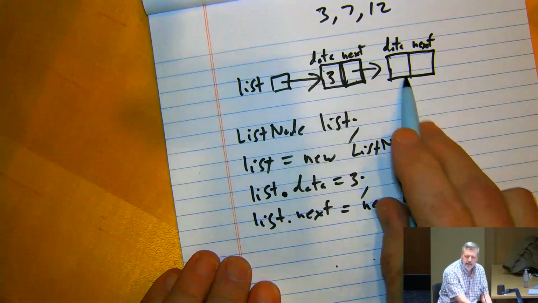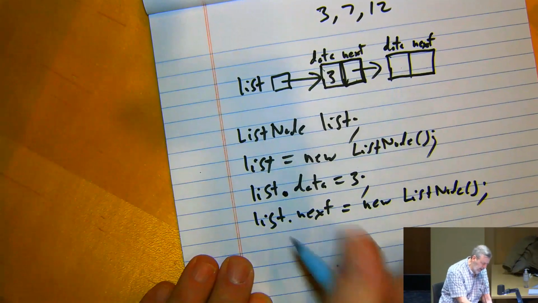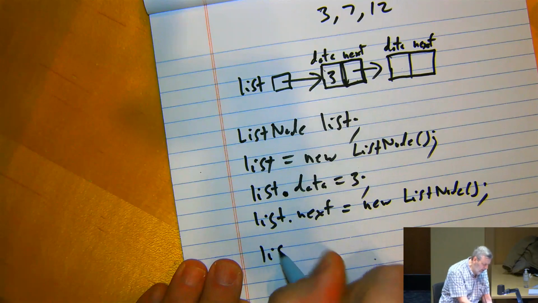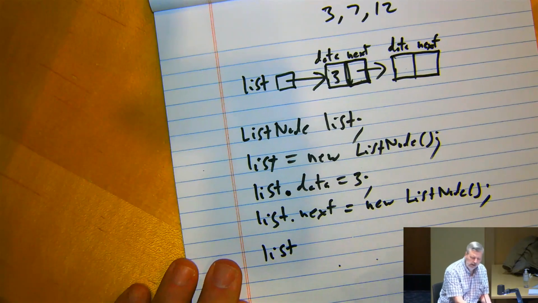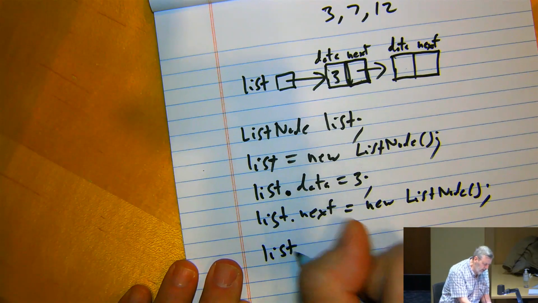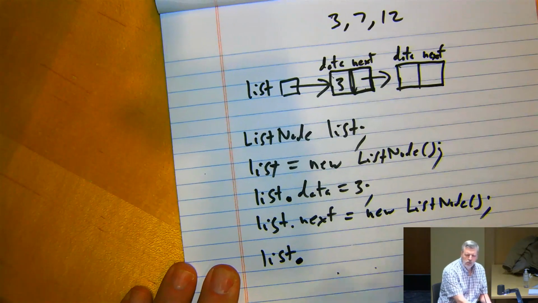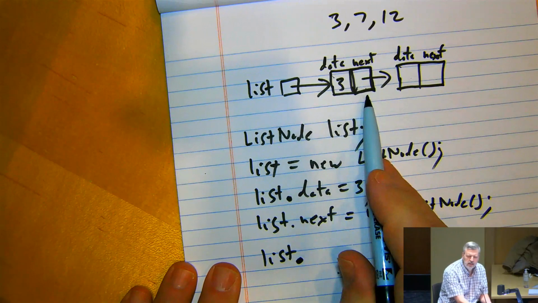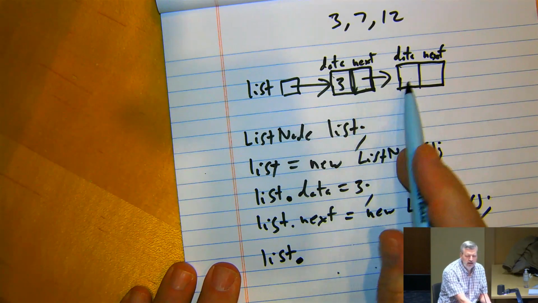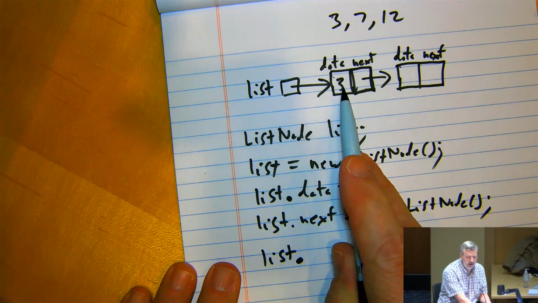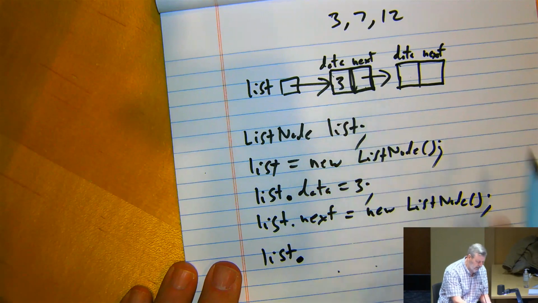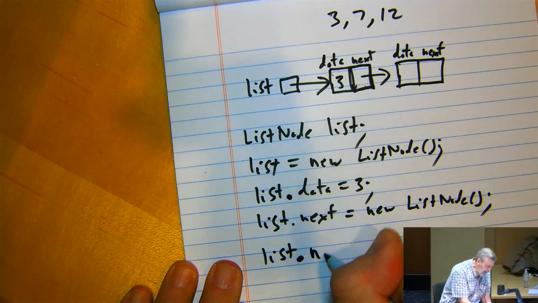How do we set this to be a 7? Well, we've got a variable called list. It's our only variable, so we need to start with list. It stores a reference, so we dereference it with a dot. Which field am I interested in between these two? Well, I'm going to want to set a data field, but it's not this data field that I want to set. So the field I'm interested in initially is list.next.